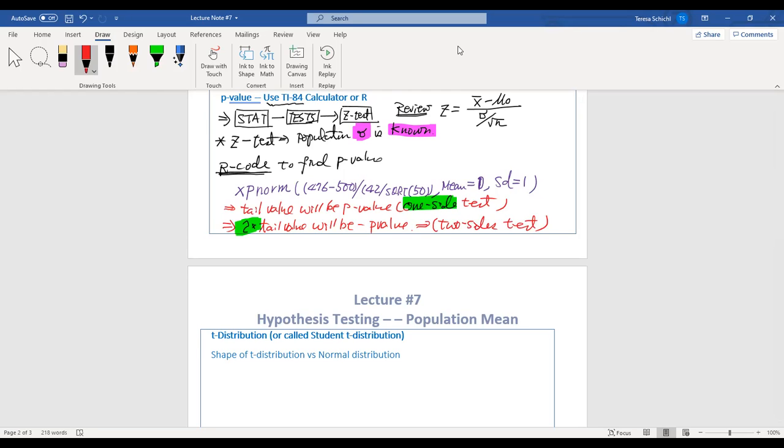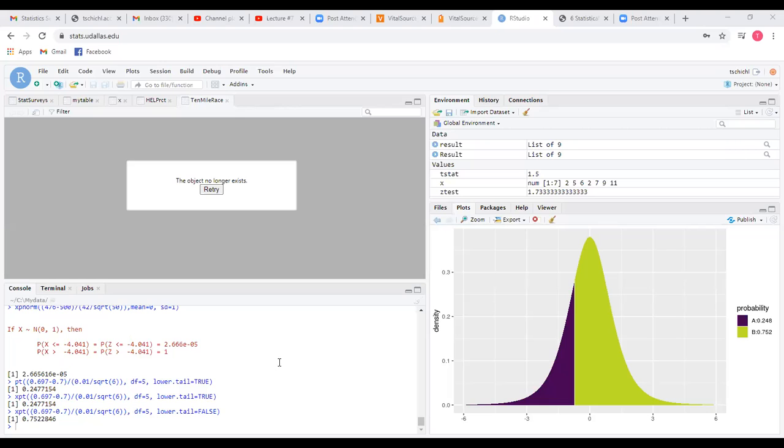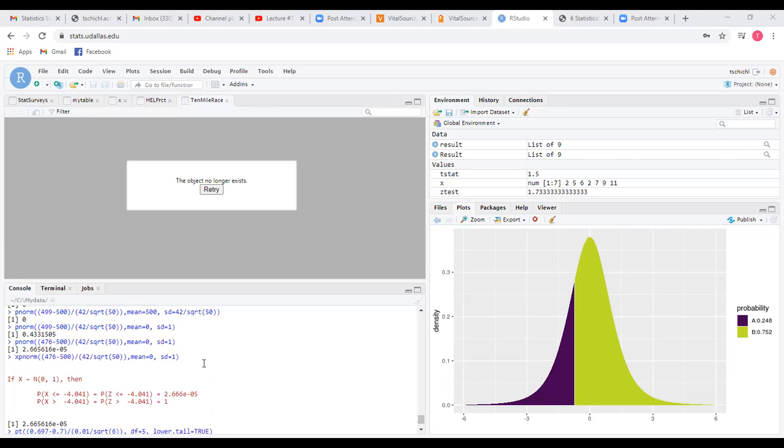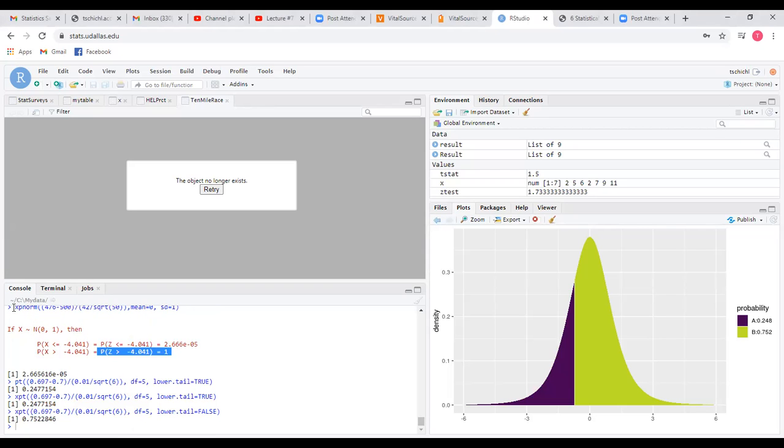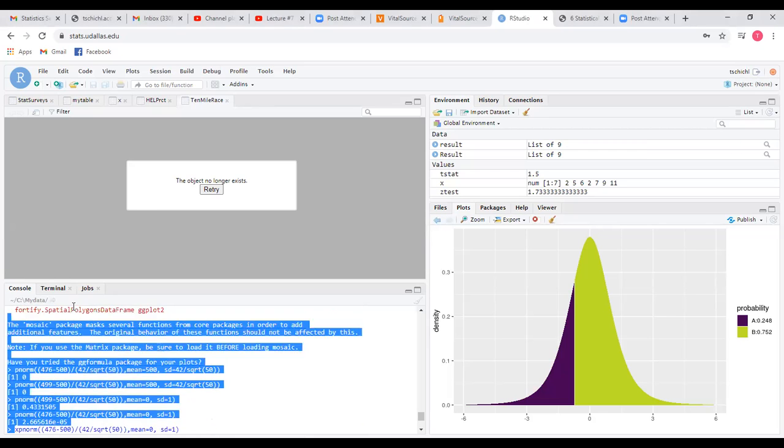Now what we can do is go ahead and take a look in R. How do we do that? Here is the one I wrote.